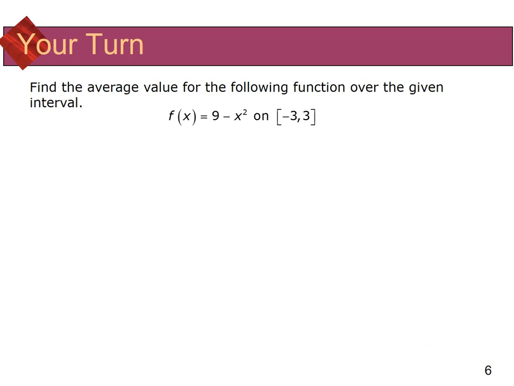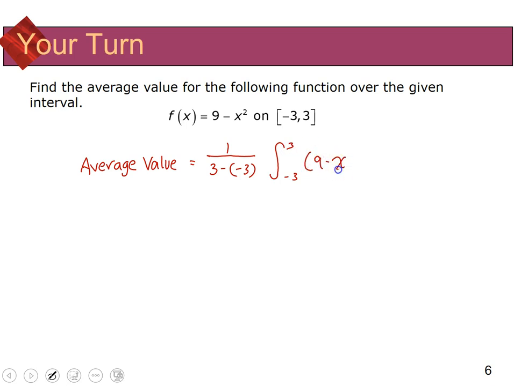To find the average value, I'm going to do 1 over 3 minus -3 times the integral from -3 to 3 of 9 minus x squared dx.